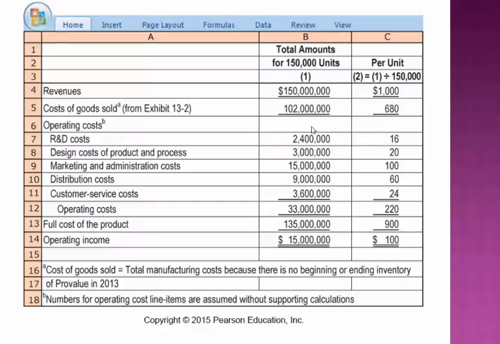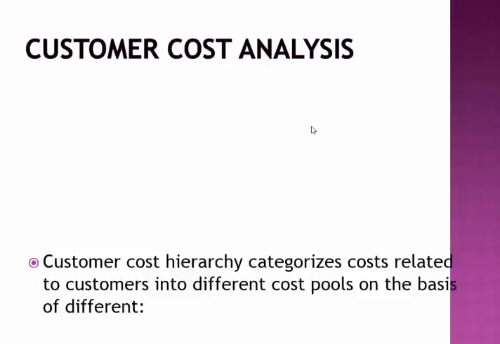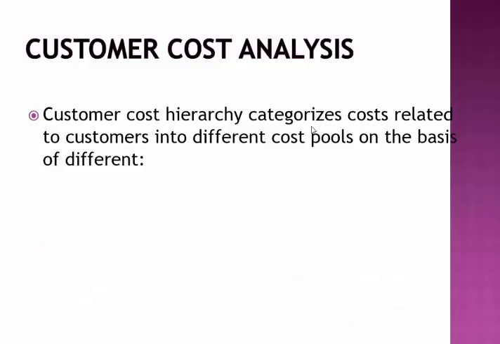Okay, so let's now go and discuss how the cost can be analyzed. So customer cost hierarchy categorizes cost related to our customers into different cost pools on the basis of different things. Alright, so we can look at the types of drivers of the cost that we incur to service our customers.